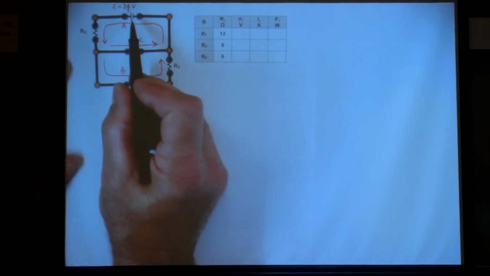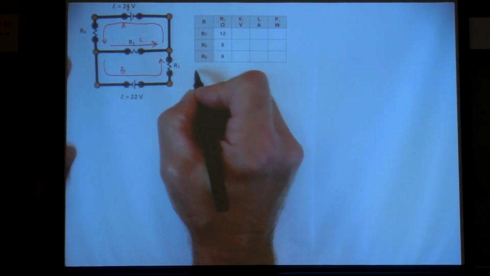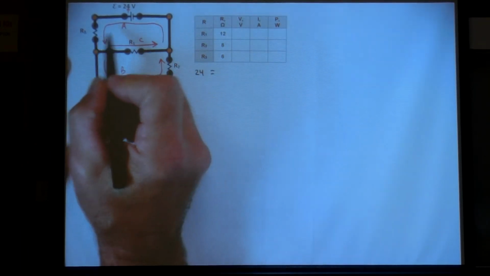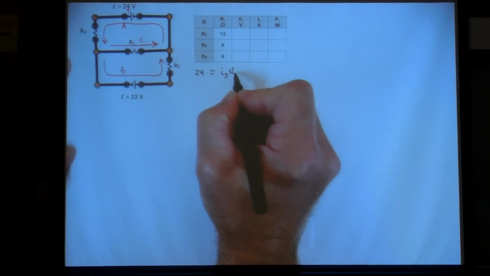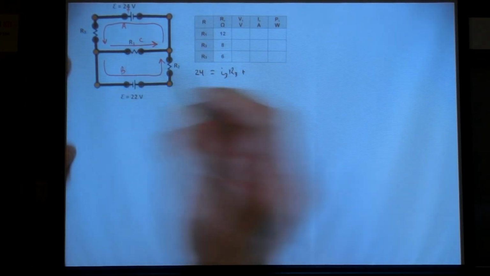So the first one I'm going to write is my 24 volts will equal I3R3 plus I1R1.